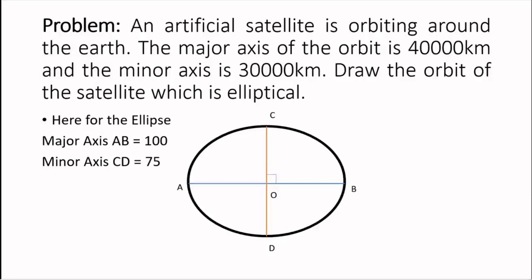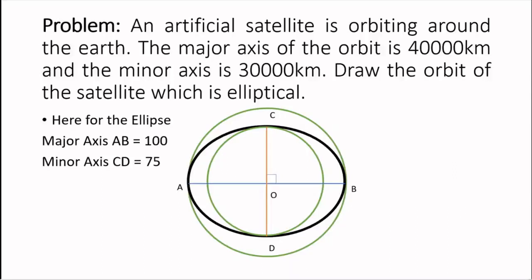So using this data, we'll be constructing circles for line CD, that is the minor axis, as well as line AB, that is the major axis. So these two circles, green circles, represent the concentric circles which would be used for construction of the ellipse in our problem. So this is the brief overview of the problem.